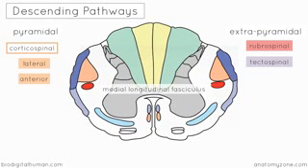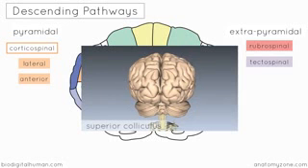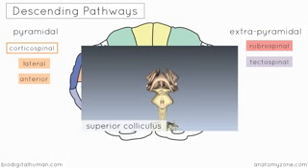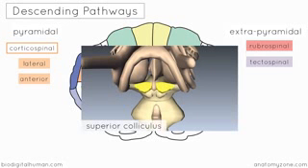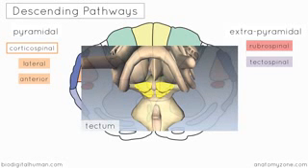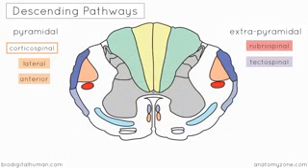But the tectospinal tract originates from the superior colliculus of the midbrain. So the clue's in the name again. The tecto part of this word refers to the tectum, which consists of the superior colliculus and the inferior colliculus. So fibres from the tectospinal tract mainly terminate in the cervical segment of the spinal cord and carry information responsible for movements in response to visual sensory information.